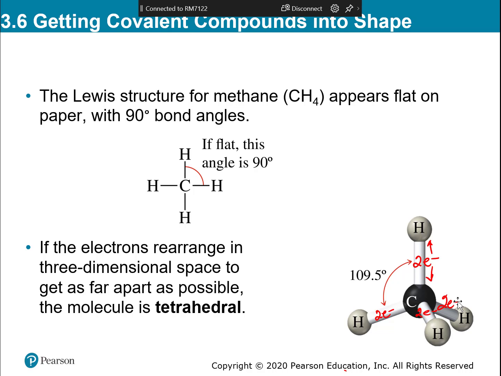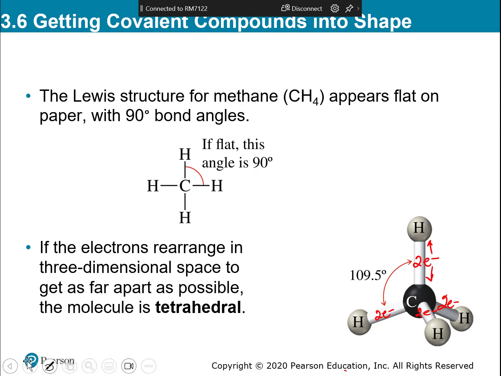That means the bonds are not going to sit at exactly 90 degrees, because you have a carbon atom with this whole circle of area around it. The bonding pairs want to get as far apart from each other as possible because they're negatively charged. The bond is 2 negative electrons, and they're going to repel any other bonding pairs, and that is why you end up with this shape.